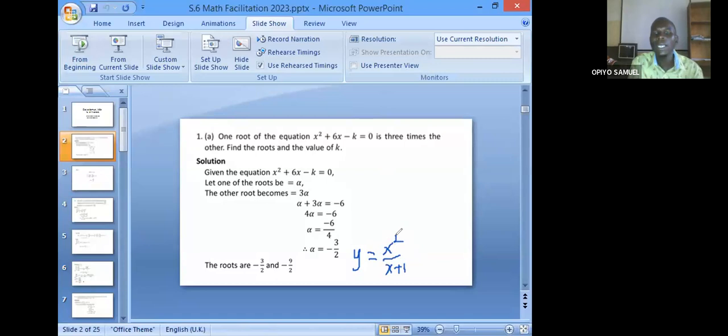In other words, the numerator will have a degree higher than that of the denominator.